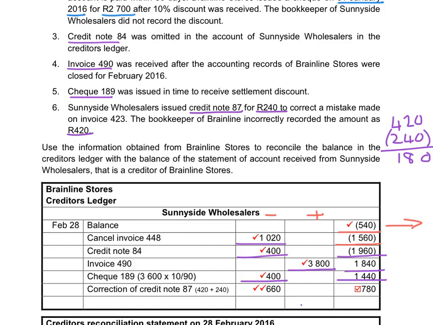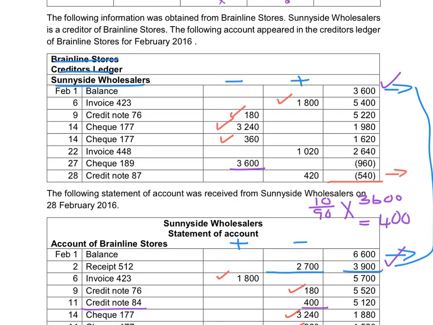This was a credit note, so it means that credit notes are recorded on the debit side. We showed too much on the debit side, so we have to correct this mistake on the credit side. If we look at the creditor's ledger, we see that credit note number 87 was recorded on the credit side as 420 rand.